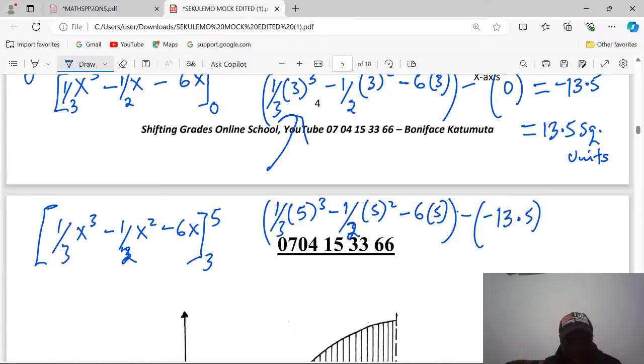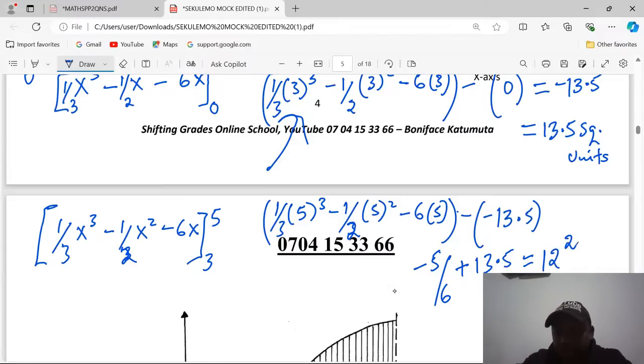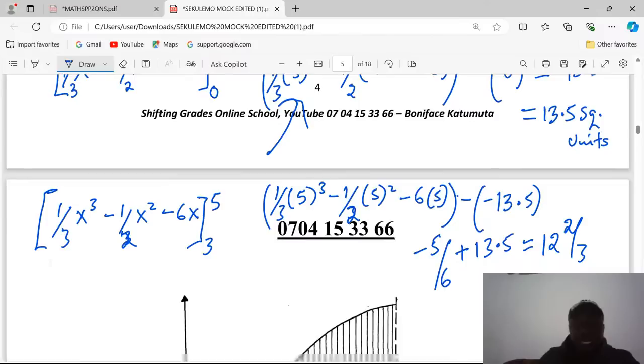This is giving me negative 5 over 6. So we will have negative 5 over 6 minus negative 13.5. Minus negative 13.5 becomes positive, so I add 13.5. This becomes 12 and 2/3 square units.